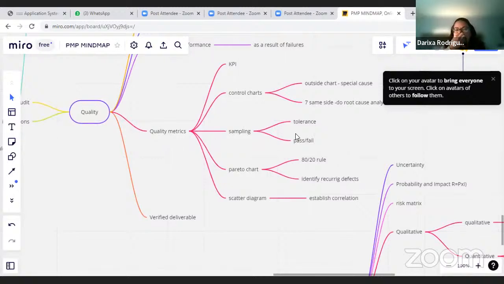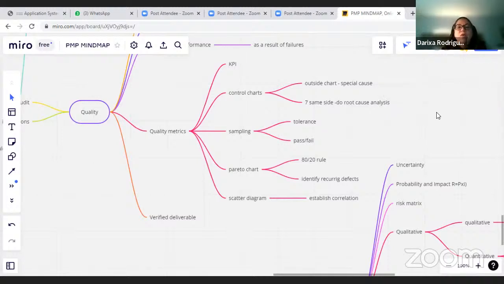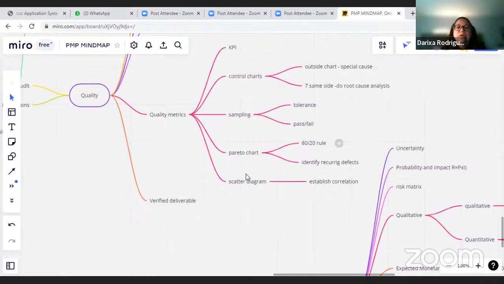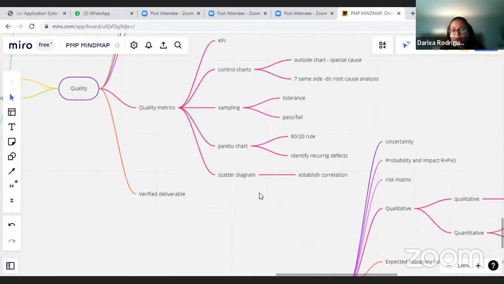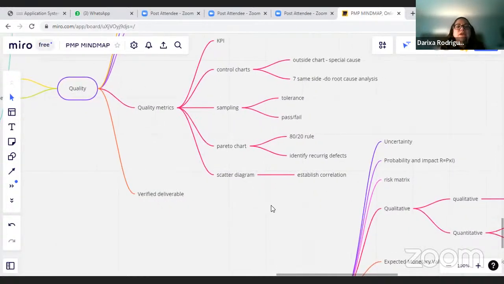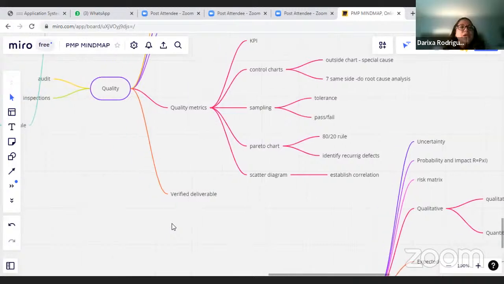Sampling is done. We measure tolerance, or it could be pass or fail. We use Pareto charts, which are data charts that help us identify recurring defects, and we use the 80-20 rule. And the scatter diagram is another tool that helps us establish correlation between variables.